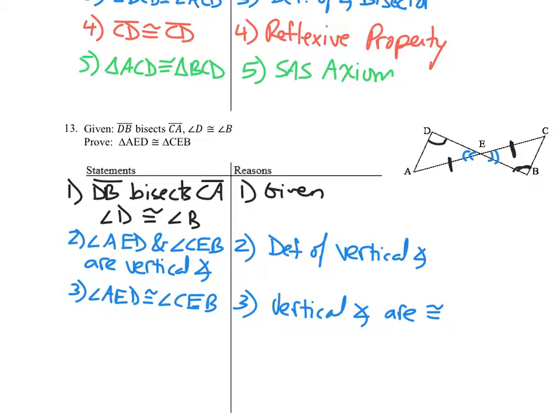And then finally, if I look at my format, I have an angle, and I have an angle, and a side that's not in between those two angles. So angle, angle, going to the side. So the angle, angle, side axiom is going to justify that these two triangles are congruent.